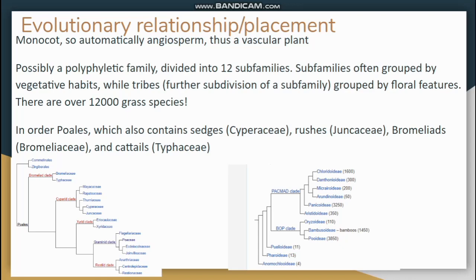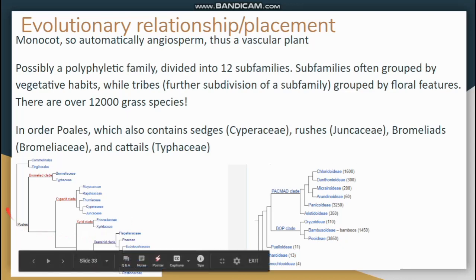Sedges, rushes, which look more like grasses than sedges, I will say. Bromeliads, arguably grass-like, and then cattails, which are not grass, but they look a lot like grass with little puffs on the ends of them. So we have the Poaceae here, and we have just this nice rundown of different plant families.